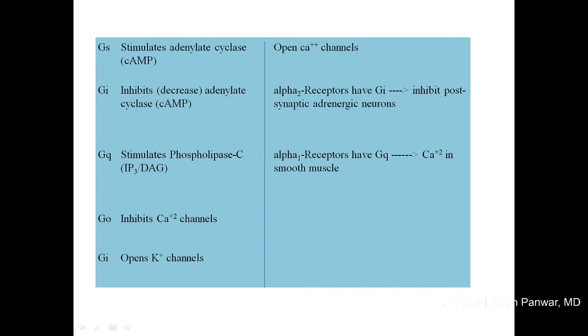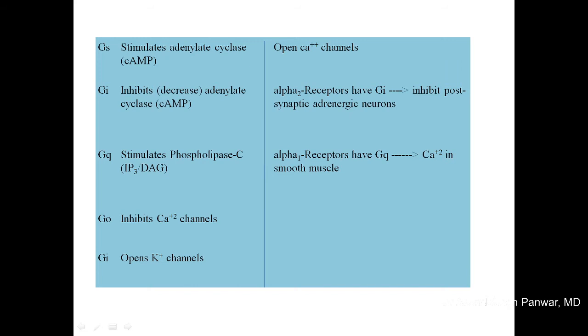Alpha 2 receptors have Gi receptors and that inhibits the postsynaptic adrenergic neuron. Then Gq stimulates phospholipase C, which is part of the IP3 DAG system. The alpha 1 receptors have Gq receptors, so calcium in the smooth muscles is released.